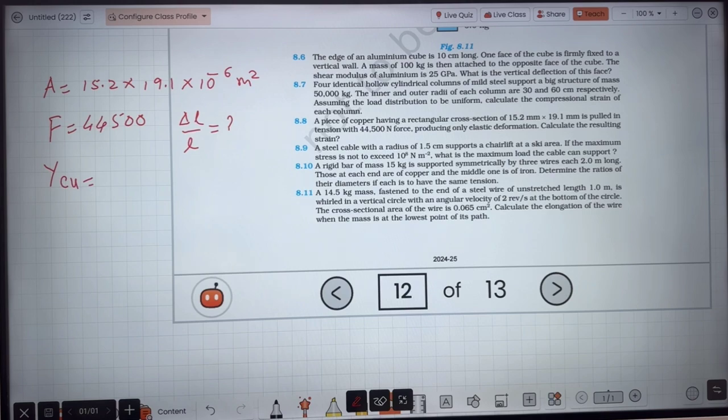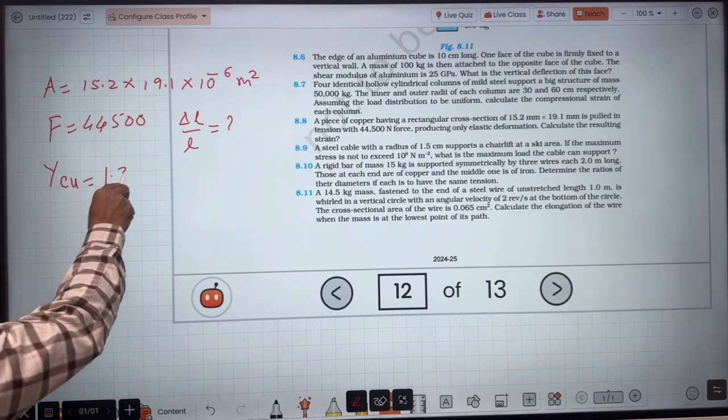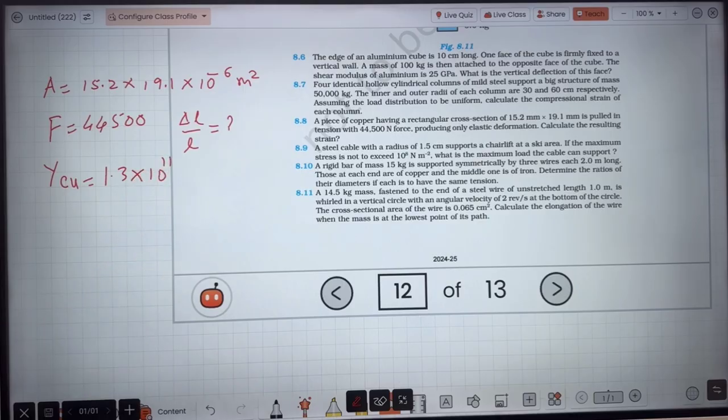Let me find out Young modulus of copper. It is 1.3 into 10 to the power 11.